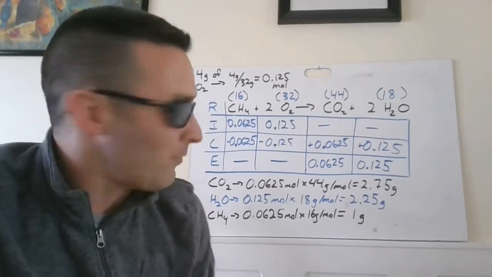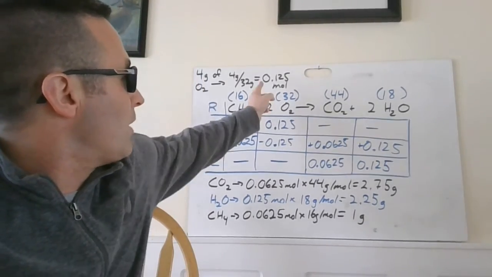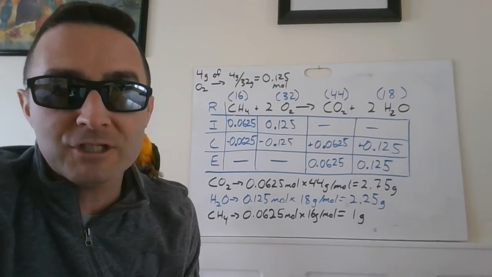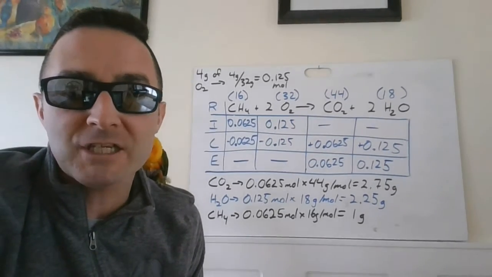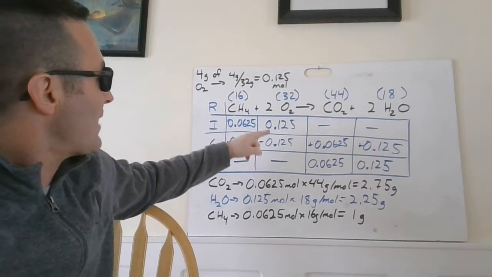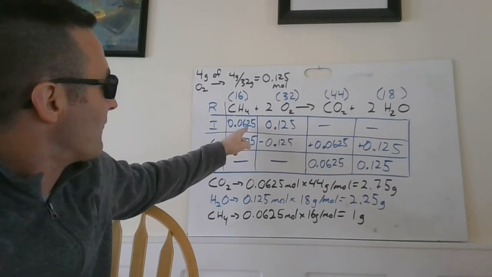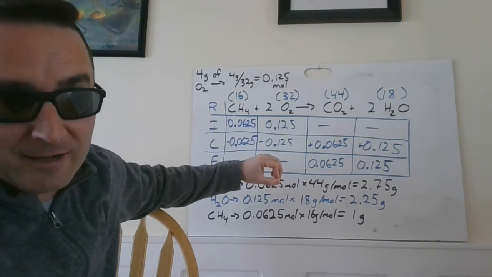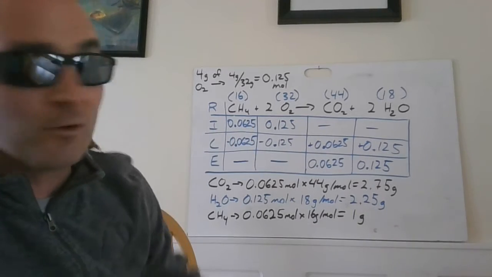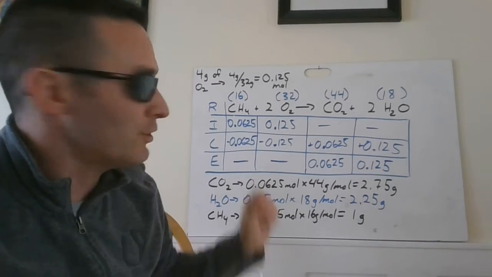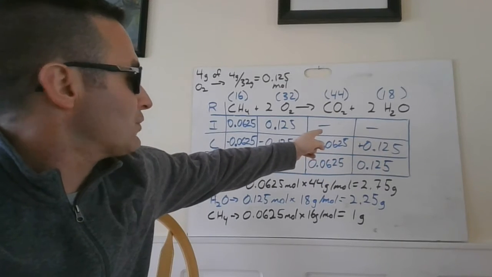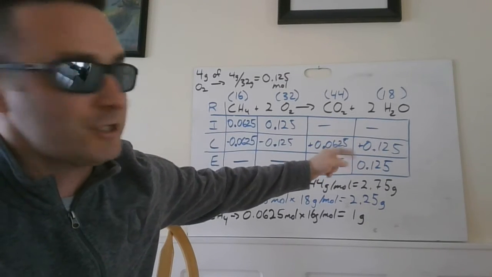So let's set up your table. You've got 0.125 moles of oxygen. In a balanced equation, you've got twice as many pieces of oxygen as you do methane. So that means you need to cut your methane in half: 0.0625 moles of methane, 0.125 moles of oxygen. When you start, you don't have any products yet.